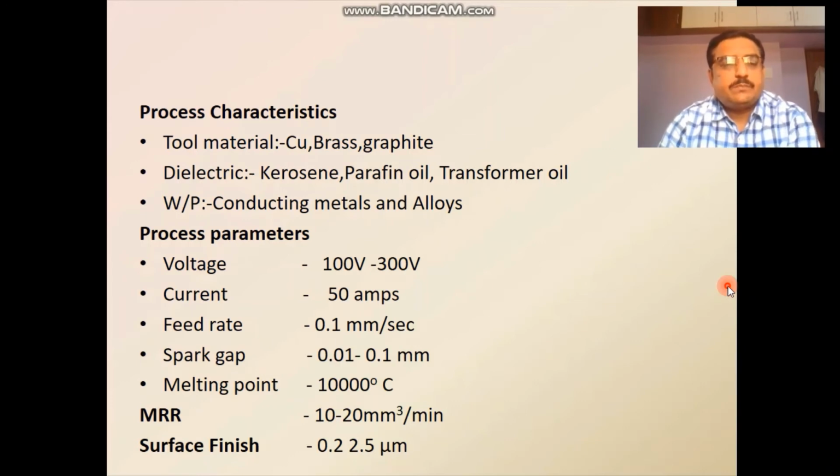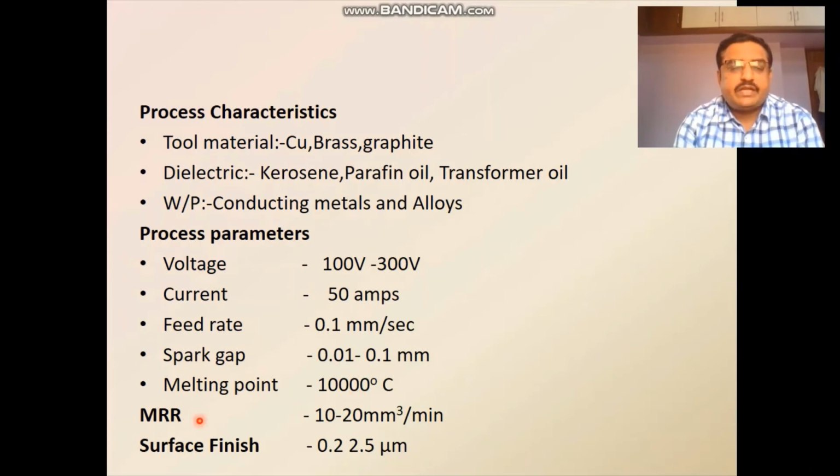While the processing parameters are: voltage should be between 100 to 300 volts, current should be up to 50 ampere, the feed rate of the tool is 0.1 mm per second, the gap between workpiece and tool is 0.1 to 0.001 millimeter, and it will produce a melting temperature up to 10,000 degrees centigrade.